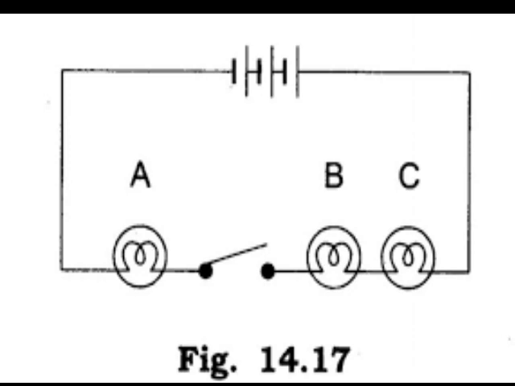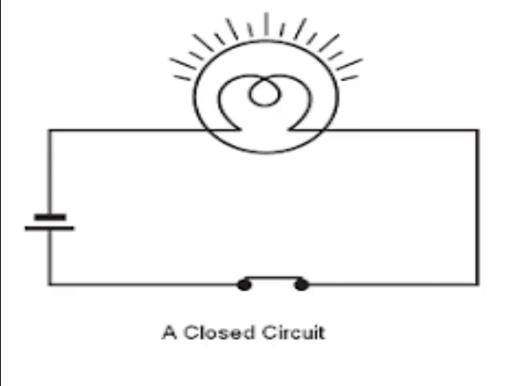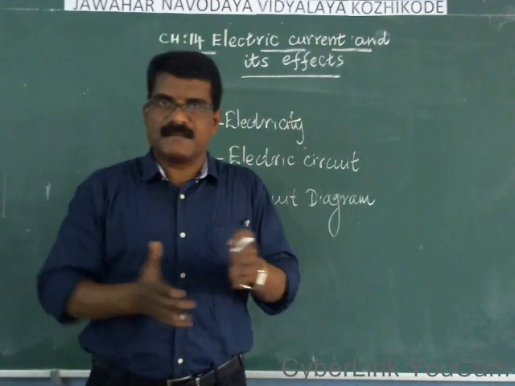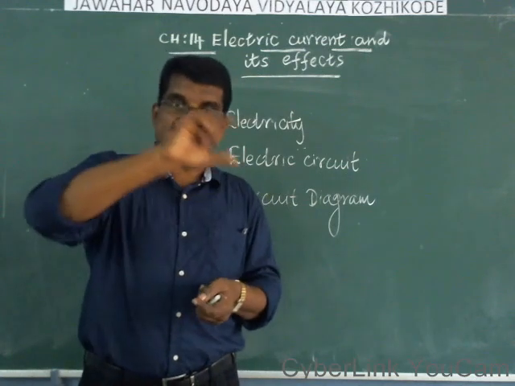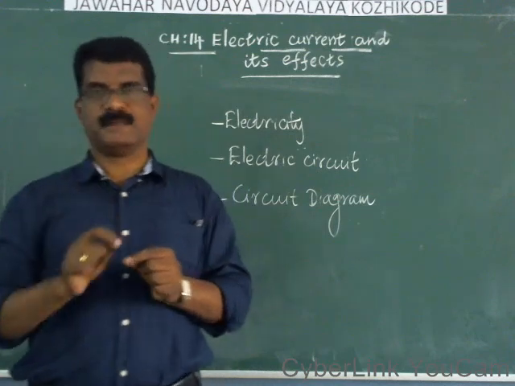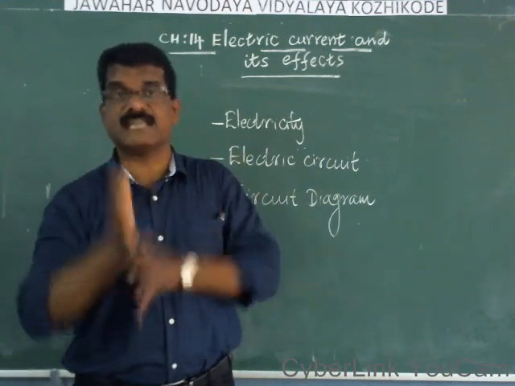See, this is one circuit having 3 bulbs. This is another circuit having 1 bulb. So what is a circuit diagram? The path of the electricity, or the electric circuit, can be represented by using certain symbols. By using certain symbols, we can represent the flow of electric current.